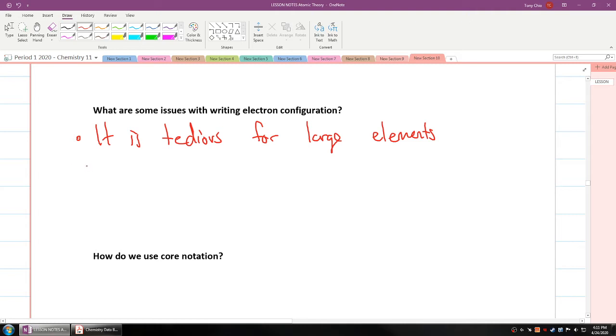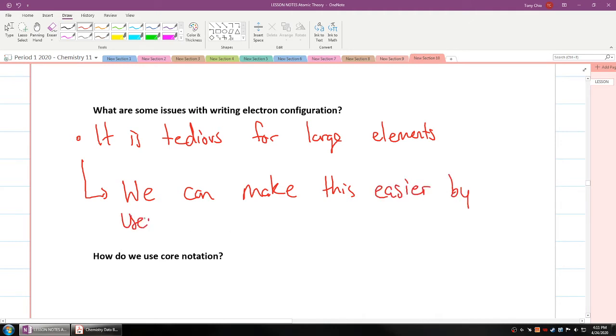So what we do is we have a quicker way. We can make this easier by using what we call core notation.